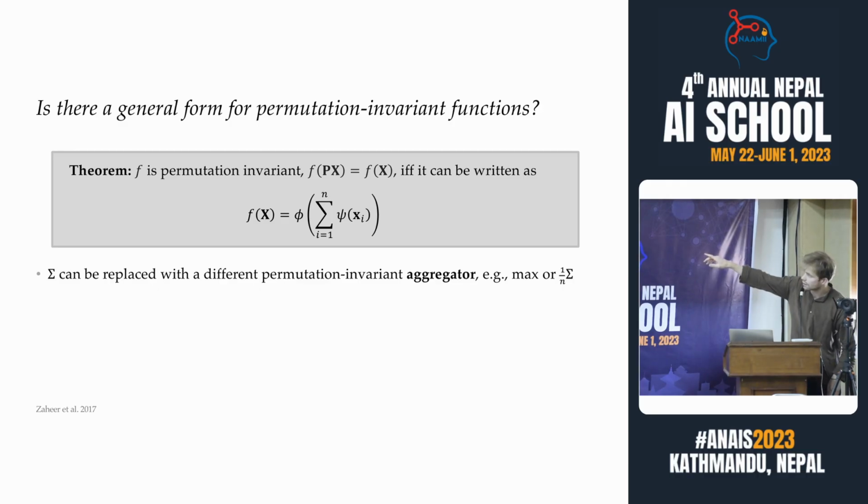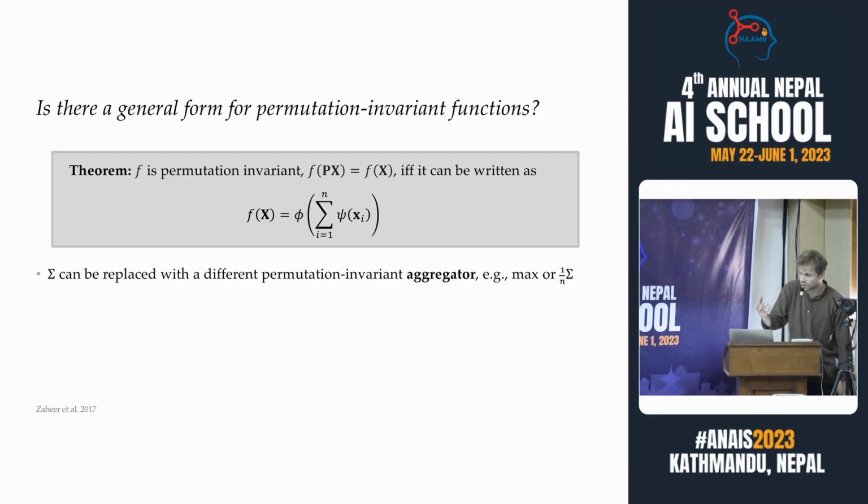An invariant function can always be decomposed as a composition: you first apply psi to every node in your set. Then you take the sum. This is how you get invariance. And then you apply another function, phi, to this output. This theorem says that any permutation invariant function, linear, nonlinear, anything, can always be expressed like this.